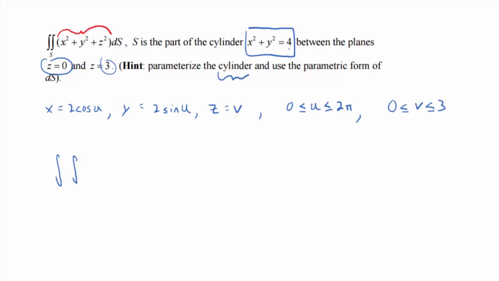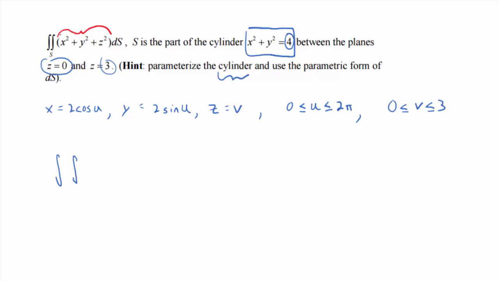What's x? 2 cosine u. Now, I'm not sure I want to plug those in, because when you take x squared plus y squared, what are you going to end up with? Aren't you just going to get 4?